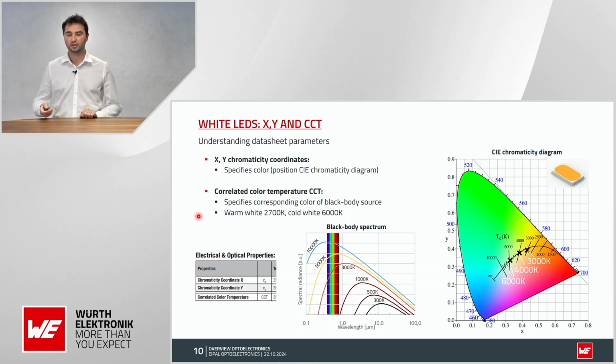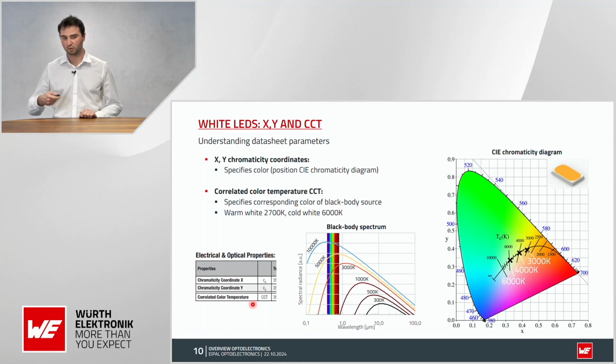There is something called a chromaticity diagram, which is a diagram with an x-axis and y-axis, and all the different colors plotted on it. You can use xy coordinates to specify exactly the position where you are on this map. This is why, for example, in the datasheet for the white LEDs, we have the color coordinates as well.